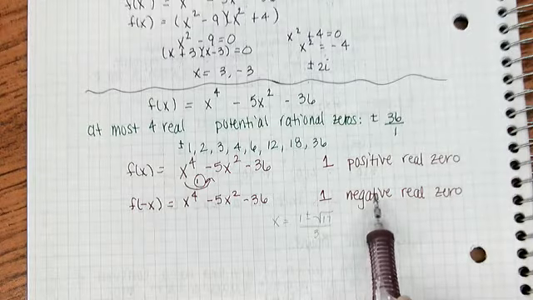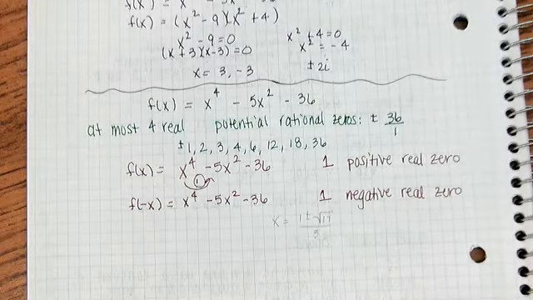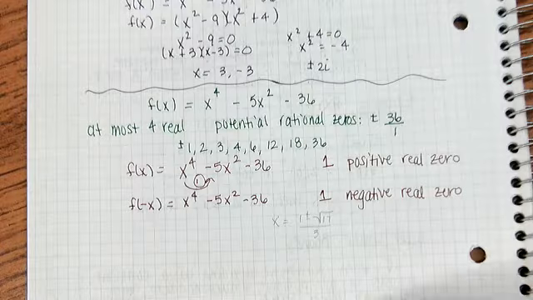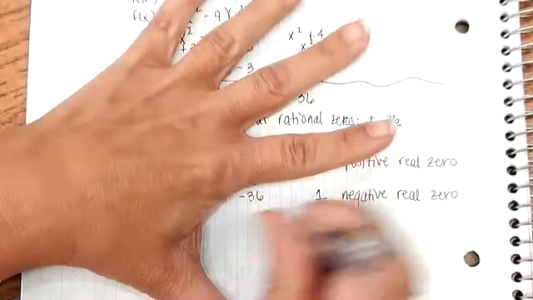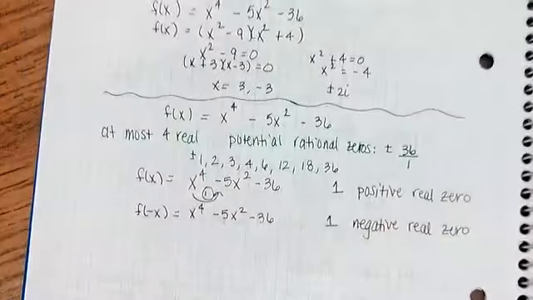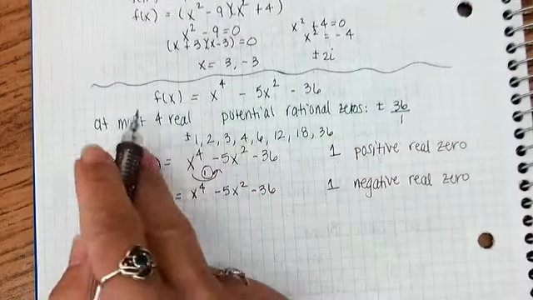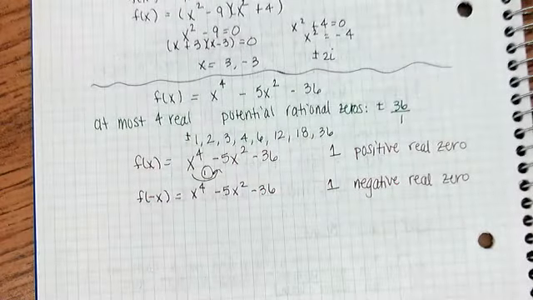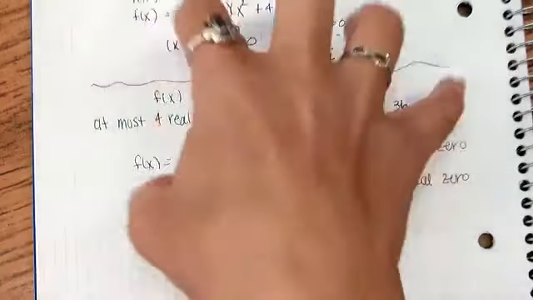A positive real and a negative real. That is possible. It's just saying that if the answer is rational, it comes from here. Okay, so if I ask you to analyze the function, boom, there we go.